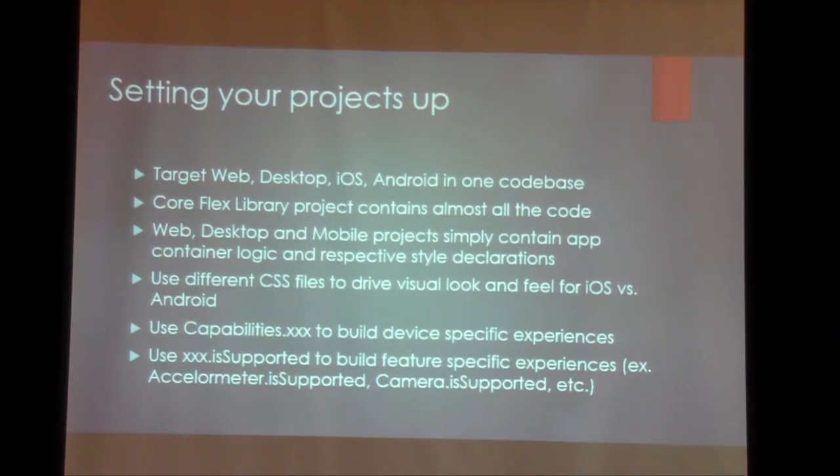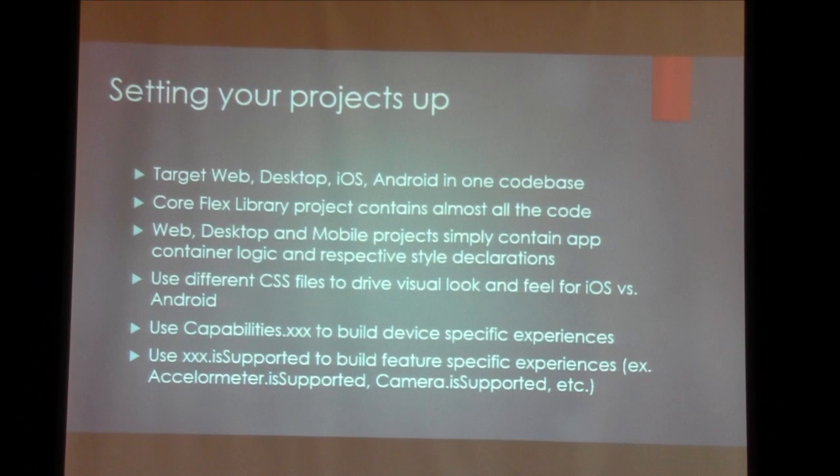And this is just my personal tip. Even if you know you're going to build only a web application, just go ahead and build that library project, because a year from now you never know, a product manager is going to come back and say, hey, I want to get this working on a mobile device. I've had that in the past. And best is always to create a Flex library project.